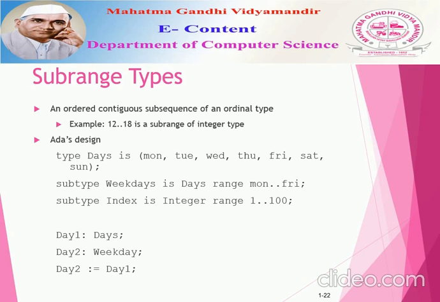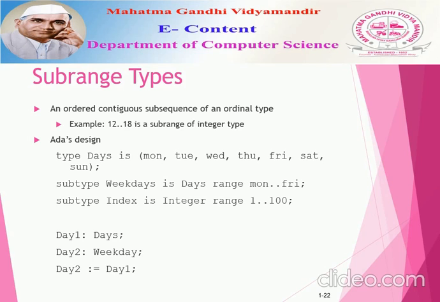An example is 12..18, which is a subrange of the integer type. It includes 12 up to 18, meaning 12, 13, 14, 15, 16, 17, 18.